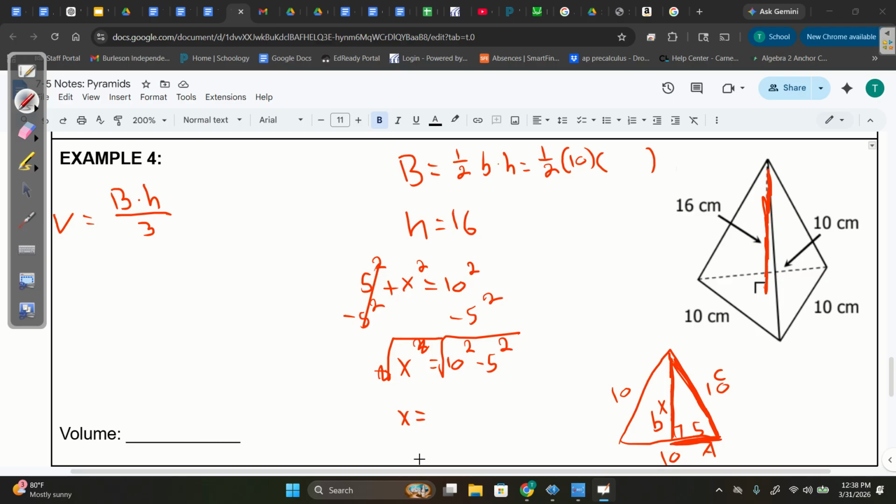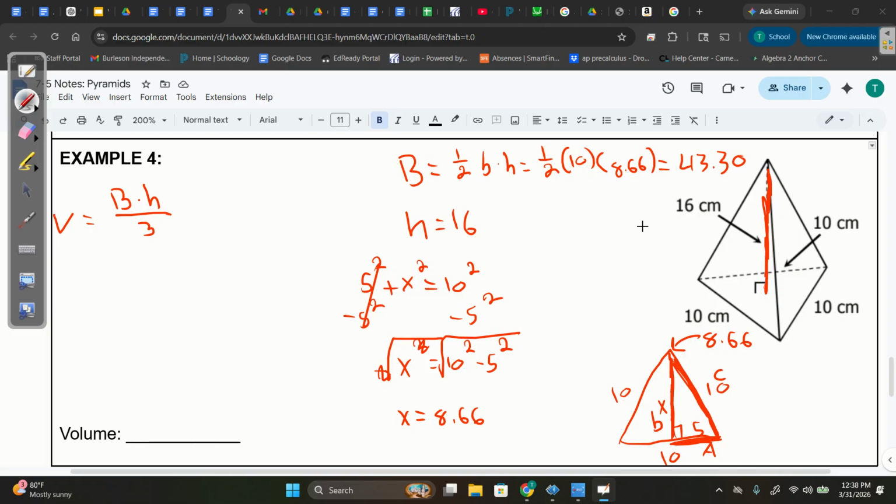And that will give me 8.66 for the height of this triangle here, which I'll plug into this formula to find out the area of my base. Whenever I do this, I should get 43.30.